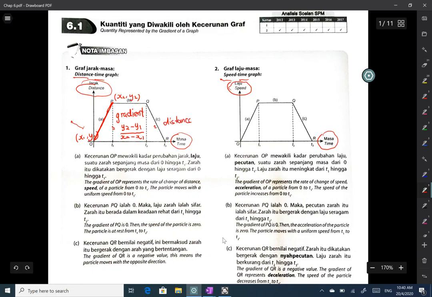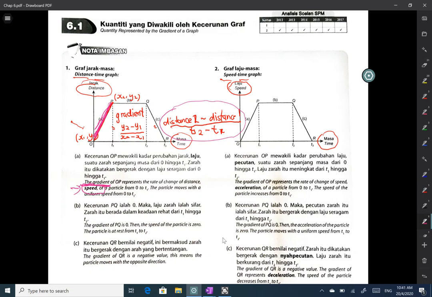So distance 2 minus distance 1 divided by time 2 minus time 1. So we know that the gradient for the distance versus time graph is speed.